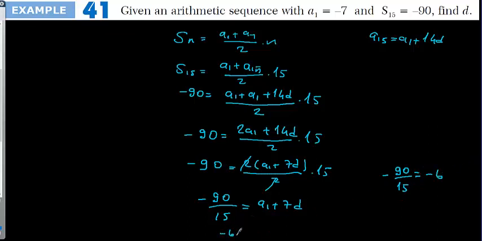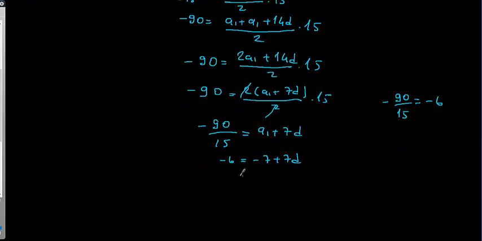So minus 6 is equal to minus 7 plus 7D, and minus 6 plus 7 is equal to 7D. 1 is equal to 7D. D is equal to 1 over 7.